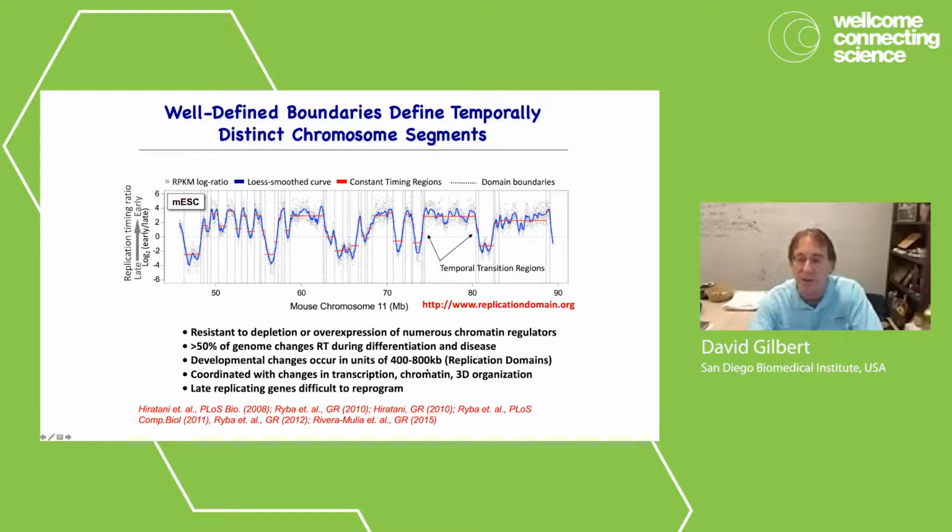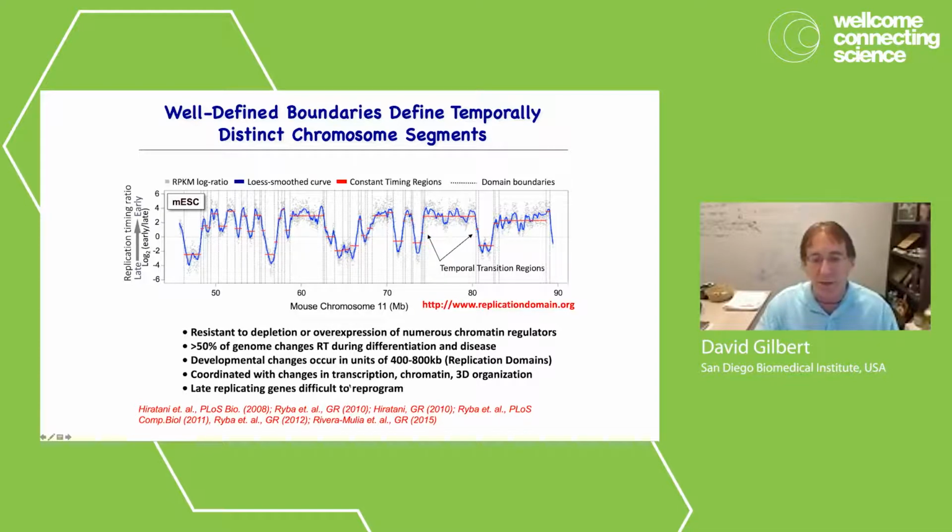So this was something we discovered early on in 2008, our first genome-wide publication. And this gave us the first indication of what might be a unit of regulation of replication timing, which we call replication domains. And most of you know these changes are coordinated with changes in transcription, chromatin structure, 3D organization.